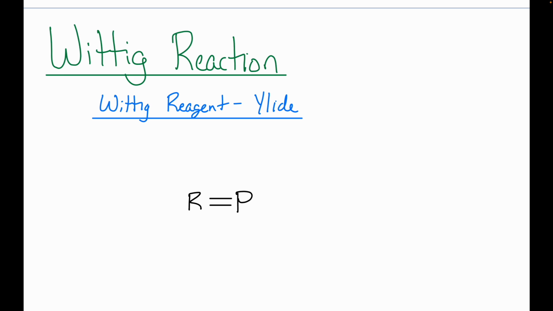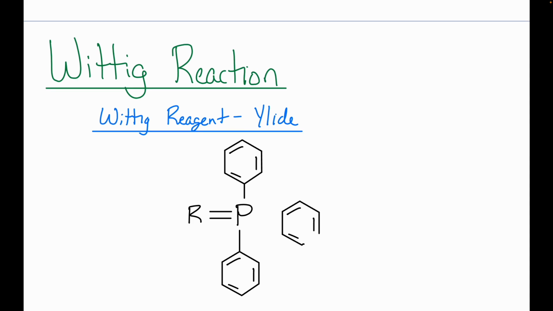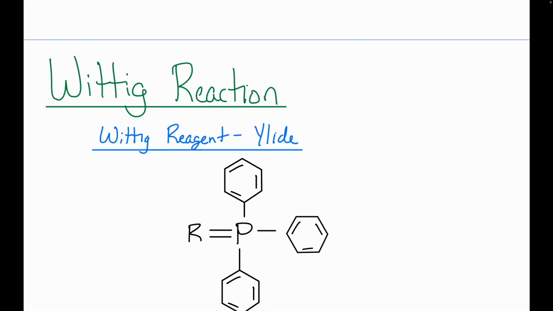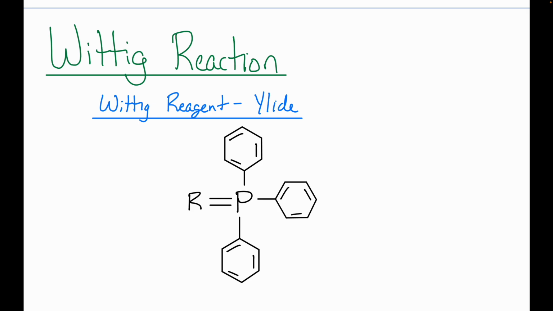All right, but that phosphorus is also bound to 3 phenyl groups, 3 benzene rings. Right, so this is our Wittig reagent, an ylide.